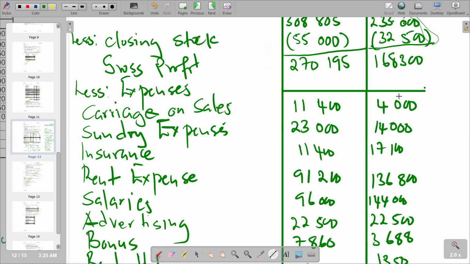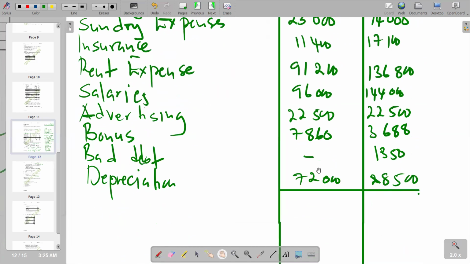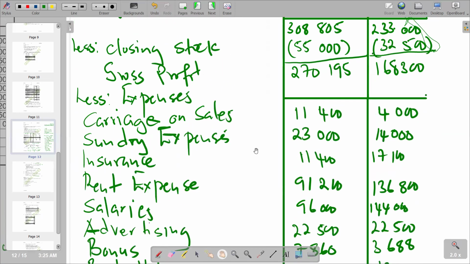So we are going to add from our 11,400 in the takeaway department going down to our 72,000 to get the total for our expenses. That is going to be 335,360, which we are going to subtract from our gross profit.